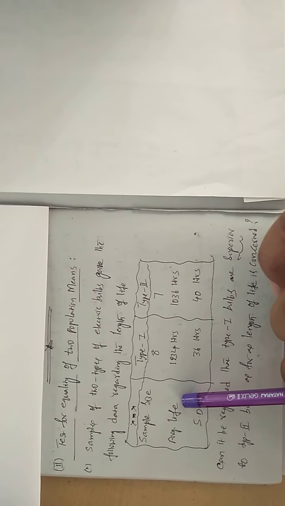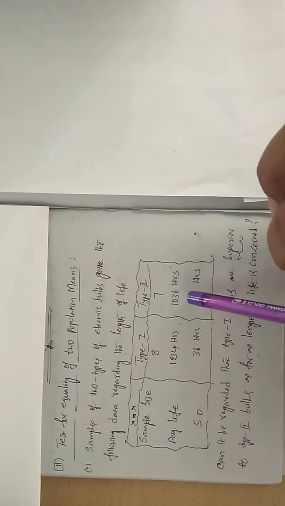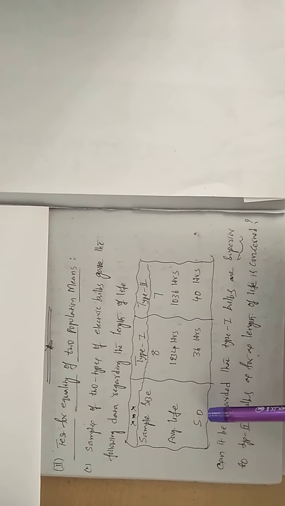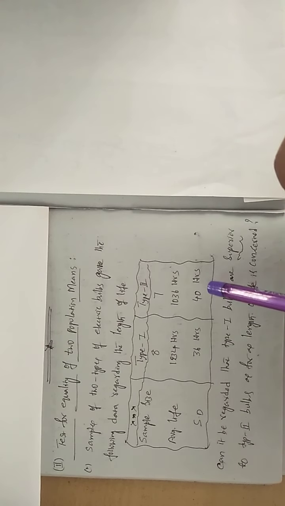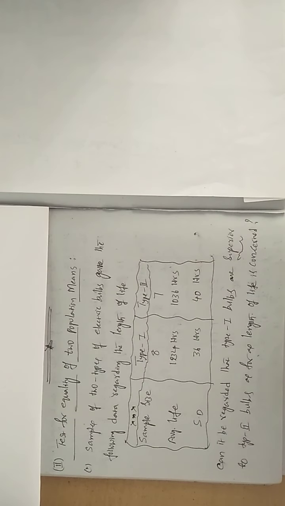Average life: x bar 1234 hours, y bar 1036 hours. Sample standard deviation: S1 36 hours, S2 40 hours. Both 8 and 7 are less than 30, that means it's a small sample test for comparison of two population means.